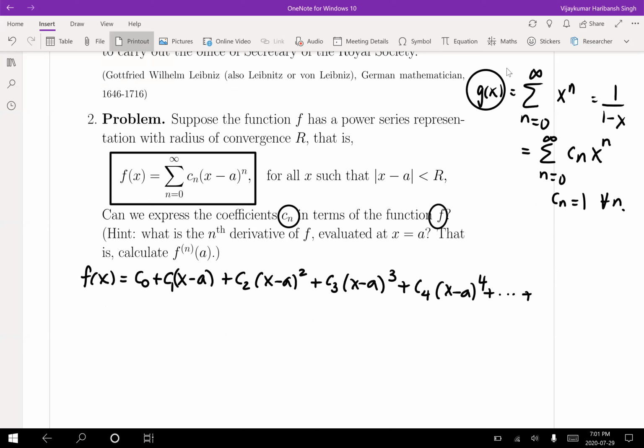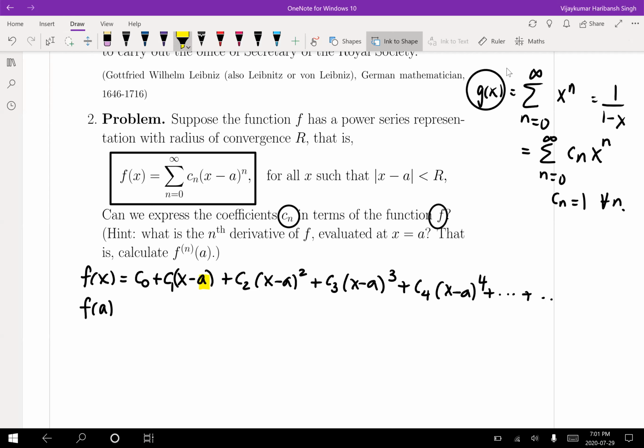So now notice the following. What is f of a? f of a will basically render all of these terms 0 when you put a in them. So therefore we get f of a is equal to c0.